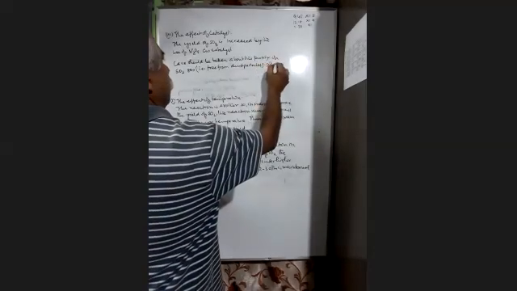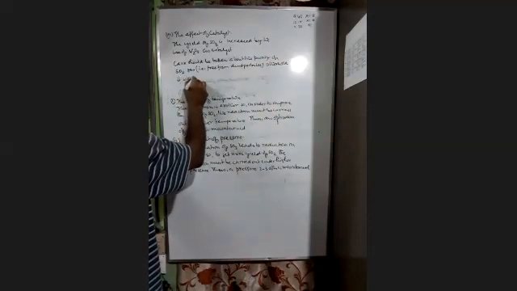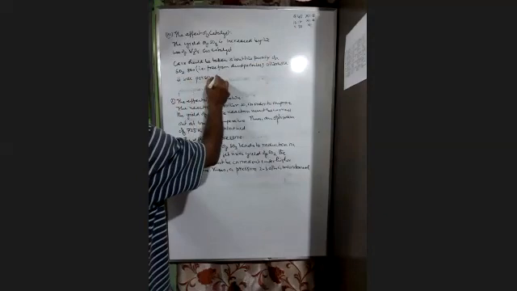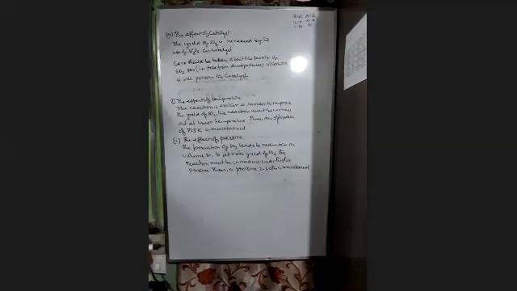Otherwise, it will poison the catalyst. So this much if you write, you are going to get 2 marks. And if you write the equation first, followed by this, you get 3 marks.